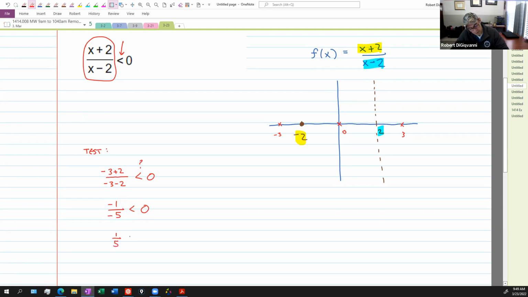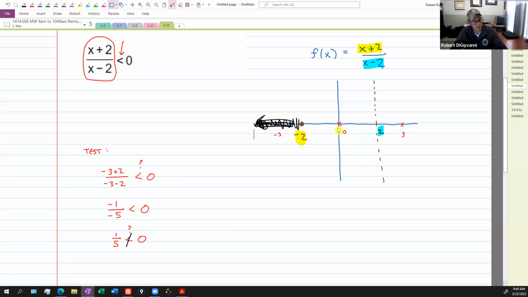So is 1/5 less than 0? Is a positive number smaller than 0? No. What does that tell me? That tells me nothing over here works. Nothing to the left of -2 works. None of this works.